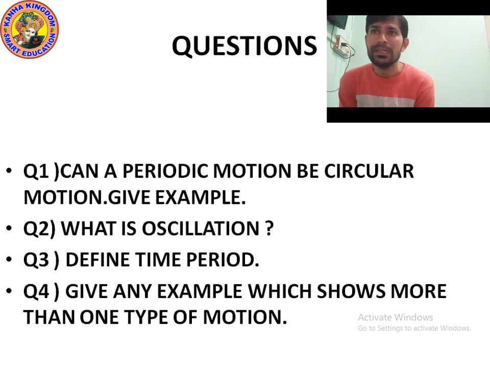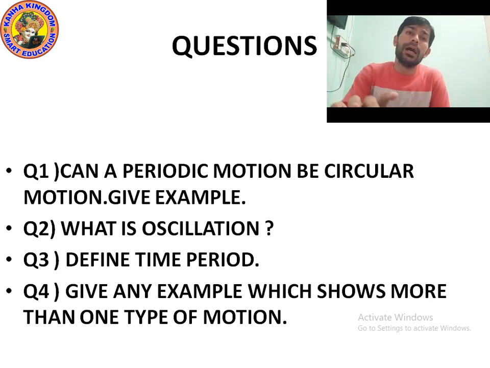So we can say this circular motion is showing periodic motion. So periodic motion can be circular motion, but circular motion cannot always be periodic motion.